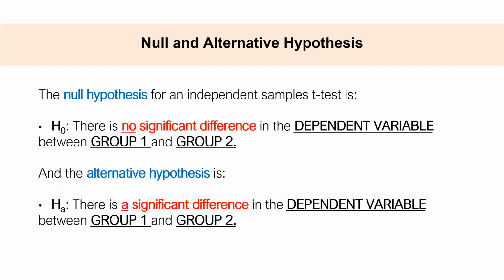You could see from here, no? This is the traditional way of stating our hypothesis. The only difference is that for your HO, there is no, and for your HA, there is a significant difference. Our HO sticks to the status quo, and our HA is claiming that we have to go away with the status quo.